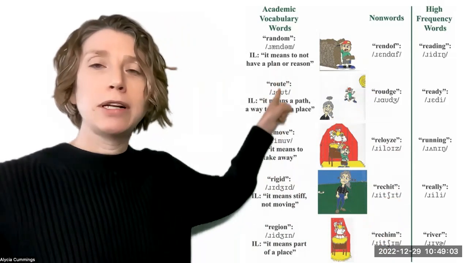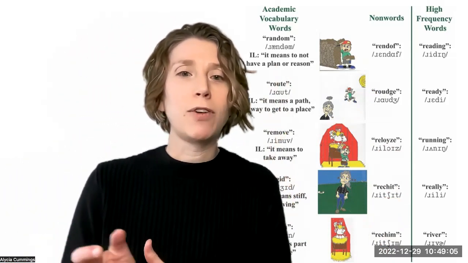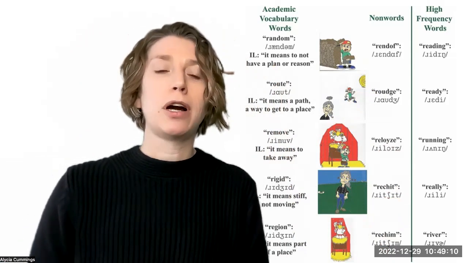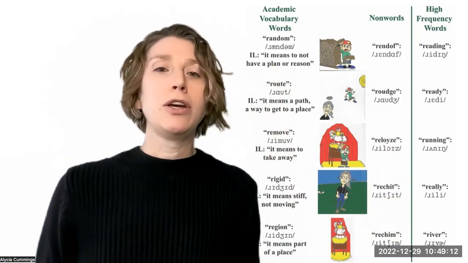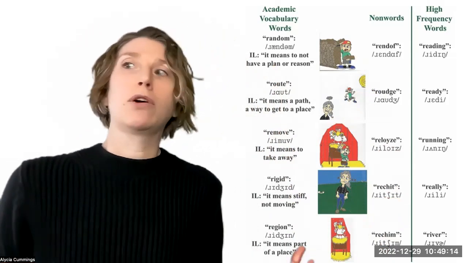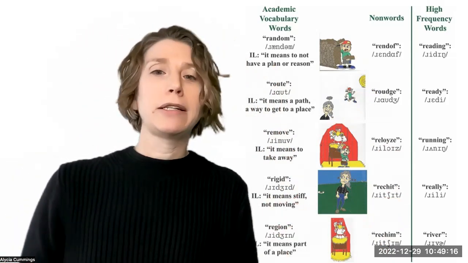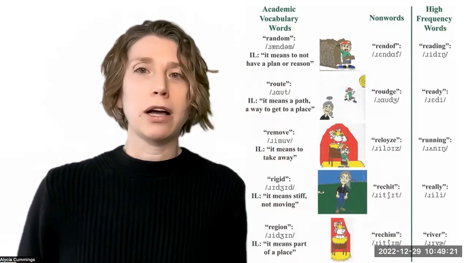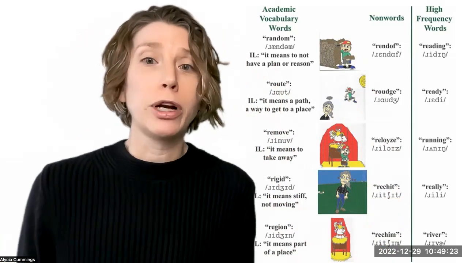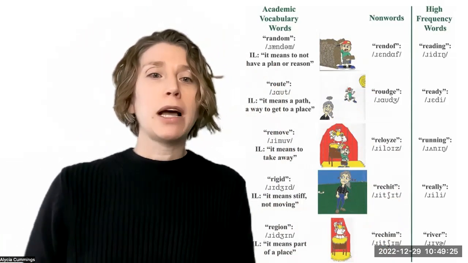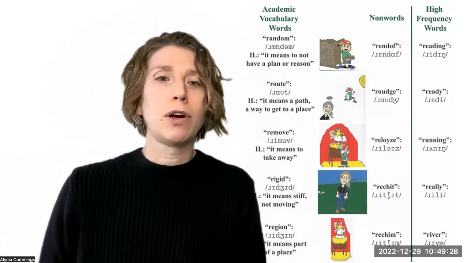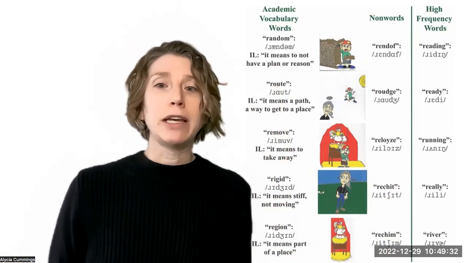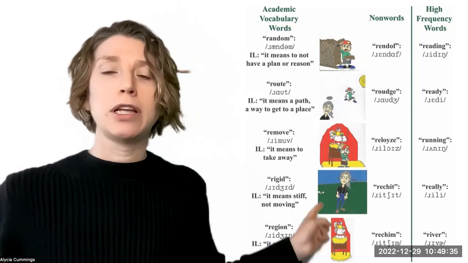So in addition to our nonsense words, sometimes we use academic vocabulary words in treatment. And these are words you commonly come across in academic texts, but you rarely use in speech. So these are words like region, locate, secure. These are words you read and you know, but they're not words you're commonly talking about with your 4-year-old, for example. So because of this, academic vocabulary words are often nonsense-like words to young children, and we can use them in treatment in a way similar to the nonsense words.